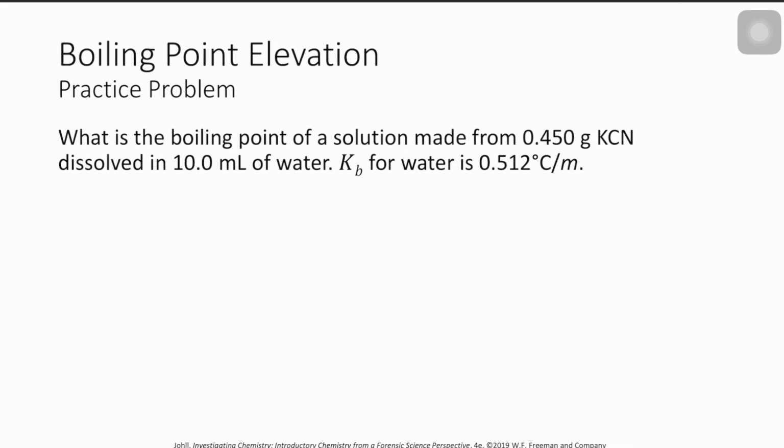So let's look at an example. If we add 0.45 grams of potassium cyanide to 10 milliliters of water, we can determine what the boiling point is. In order to do this problem, I am going to use the equation delta TB is equal to KB times the molality of the solute particles.